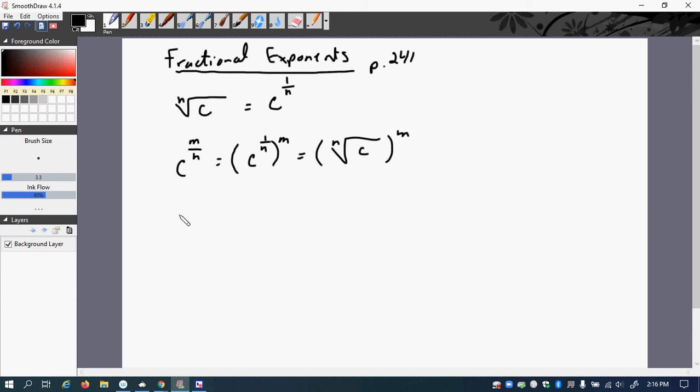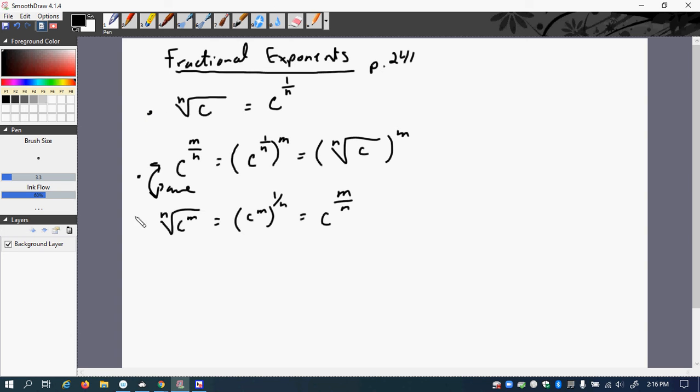And the last one is the nth root of c to the m. We can rewrite it as c to the m to the 1/n, and then we're right back to what we started with, which is m over n. So these two are really the same, just written in both directions.